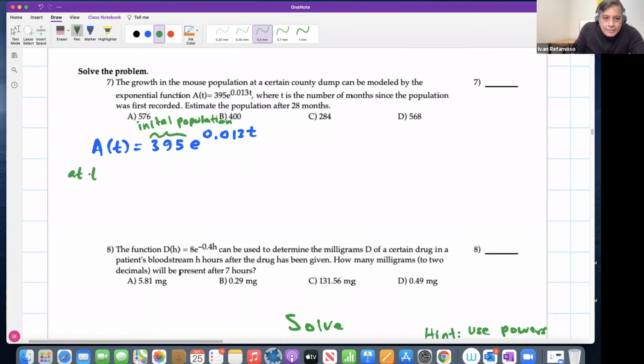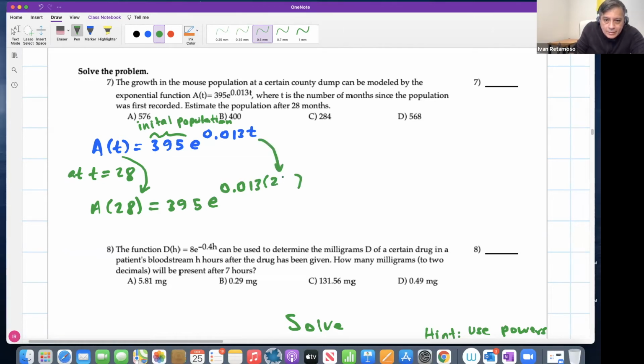At t equal 28, this becomes A of 28, the population after 28 months: 395 times e raised to 0.013 times, and here instead of t, you substitute 28. Compute this, guys, and approximately get the population of mice.